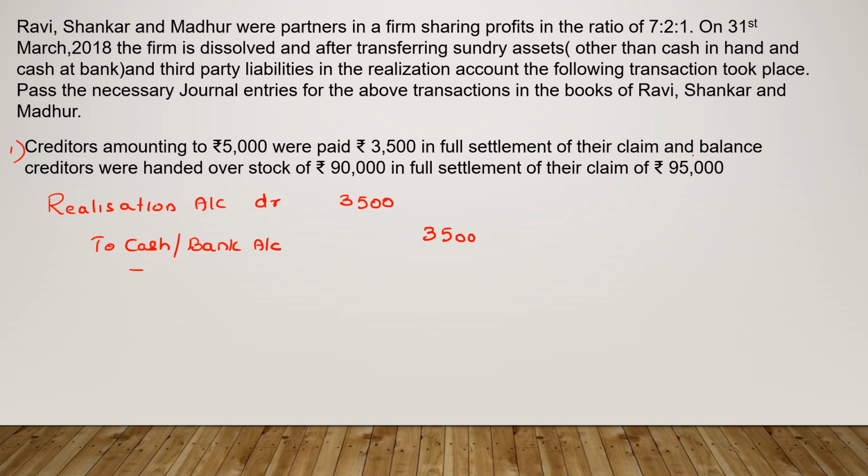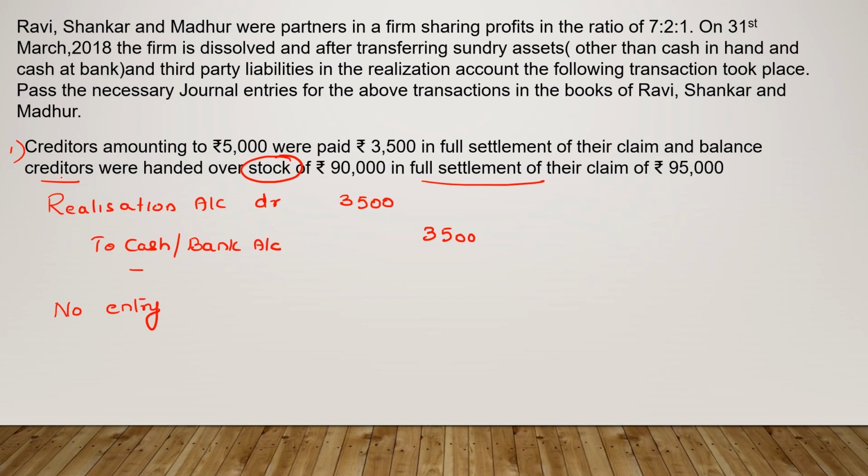Now they have further given that balance creditors were handed over stock of 90,000 in full settlement of the claim of 95,000. Very important point. When any asset of the firm is given to settle the creditors in full settlement of the claim, there would be no entry. Why?